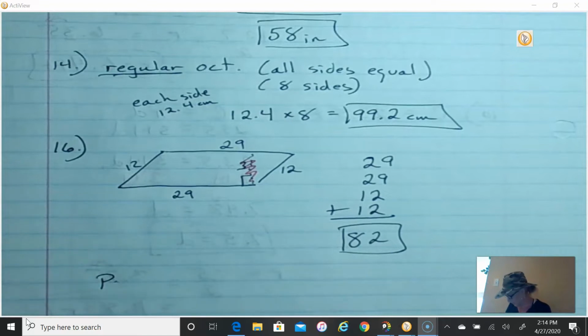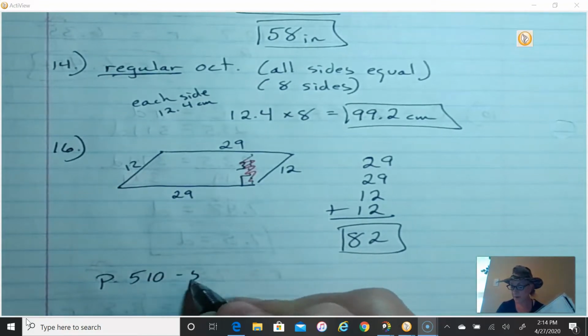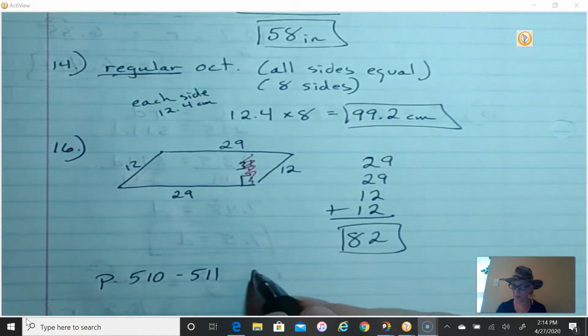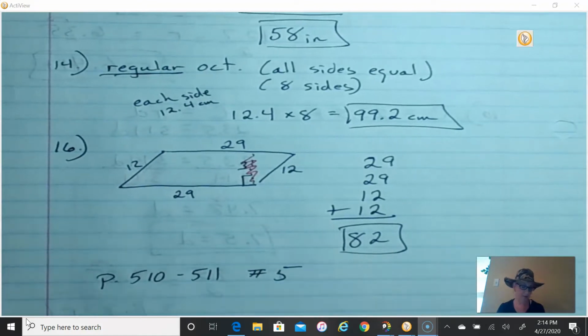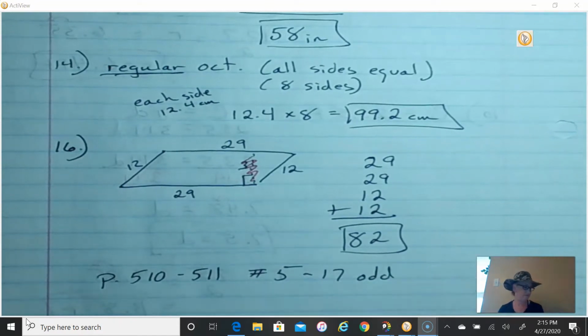So you're going to be doing page 510 to 511. You're going to be doing numbers 5 through 17 odd. Yep, that's it.